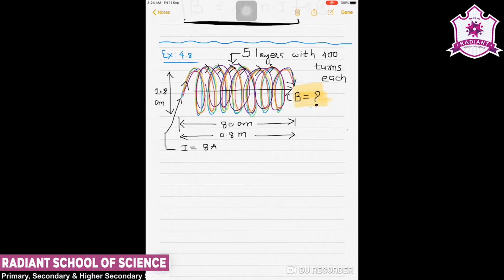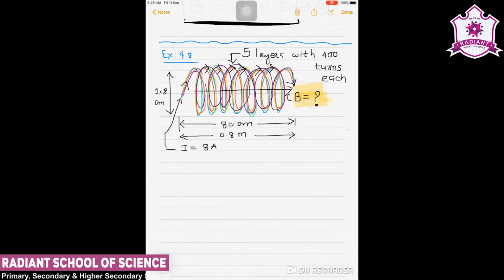As per the given information, I have shown you 5 different colors of layers for the solenoid. Here you can see 5 layers with 400 turns each.